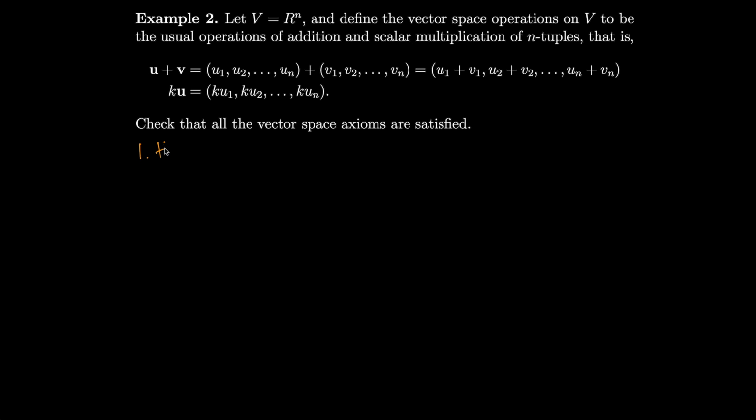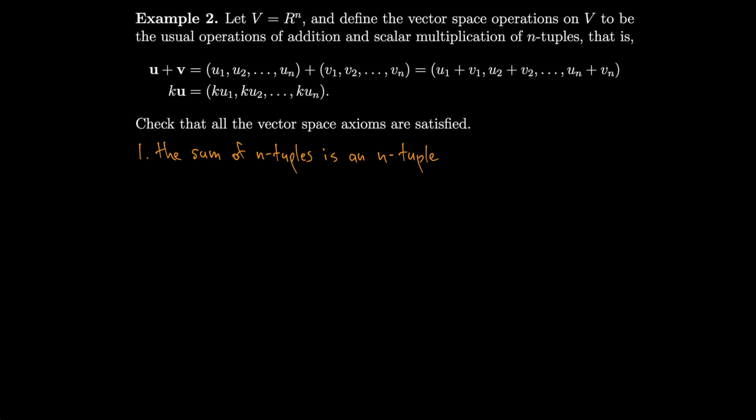Well, that should be kind of obvious since the sum of any n-tuples will always be an n-tuple. So the sum is definitely going to be in this vector space. When you add an ordered pair plus an ordered pair, you're not going to end up with something like an ordered triple. You'll still get an ordered pair.